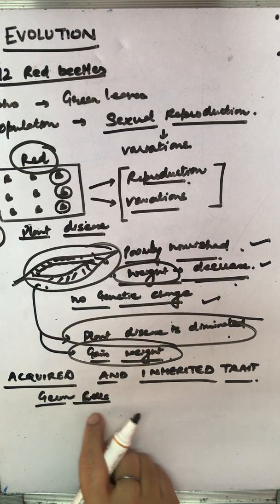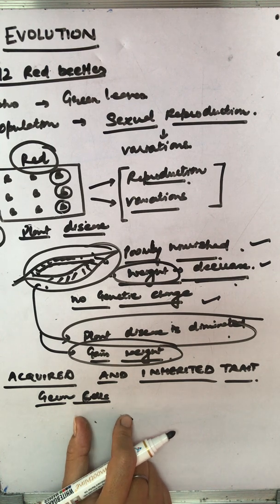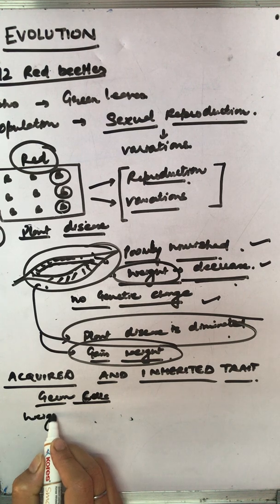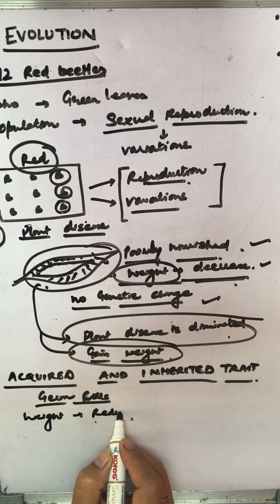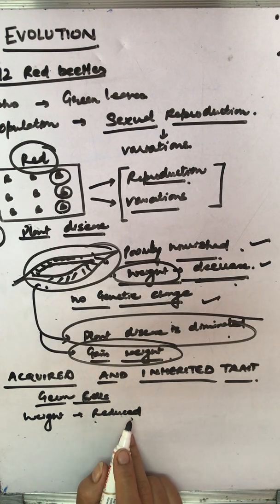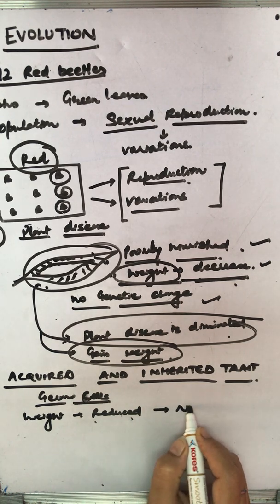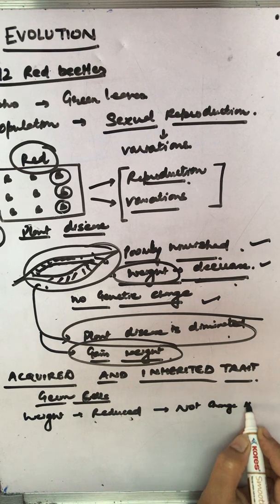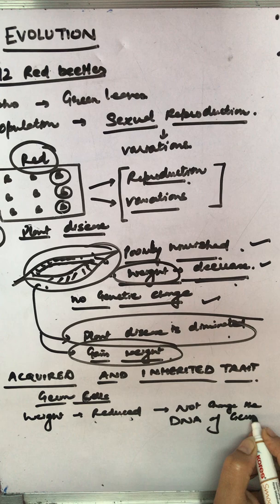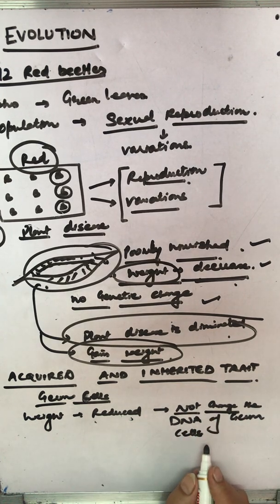Germ cells of sexually reproducing populations are made in specialized reproductive tissue. Okay. And if the weight of the beetle is reduced, because of starvation, because of disease, because of being poorly nourished, that will not change the DNA of germ cells.